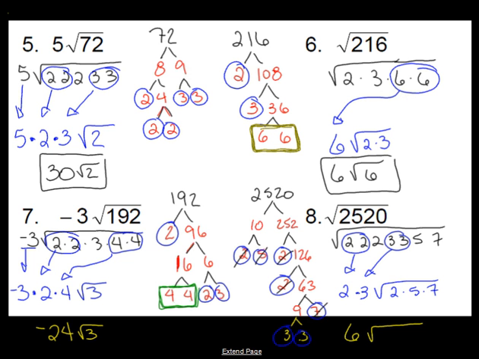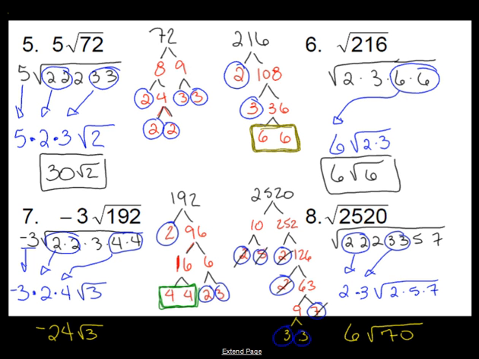Inside I have 70. I left a number out, didn't I? We have all of them because inside here we have the square root of 70.